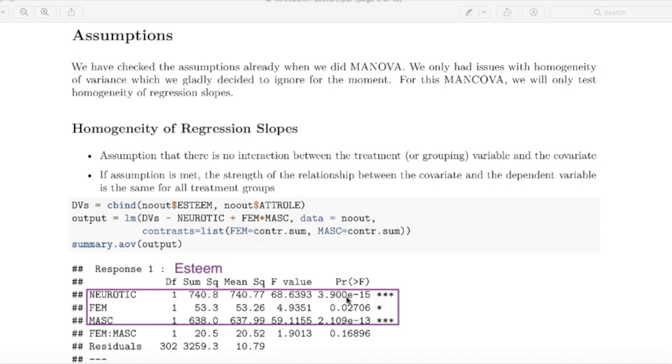However, I do need to check the assumption of homogeneity of regression slopes because that's an assumption that is exclusive to Mancova. So what it's saying is that there's no interaction between the treatment or whatever grouping variable that you have and the covariate. If there was an interaction between the groups and the covariate, then we already know that there's differences between those groups, and we probably don't want to do a Mancova.